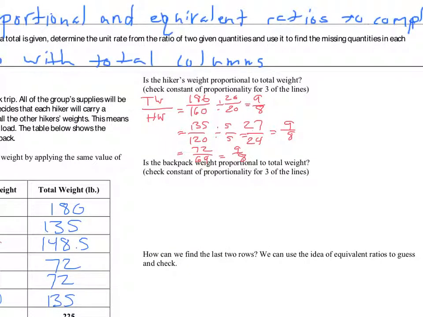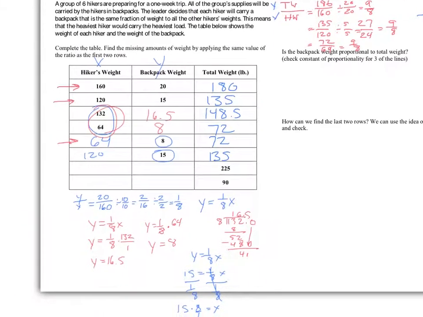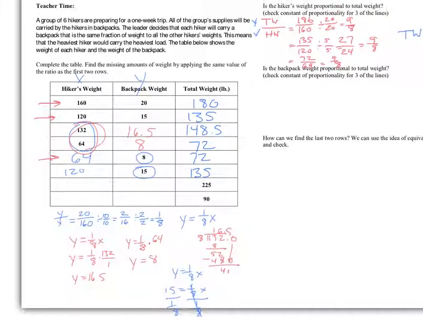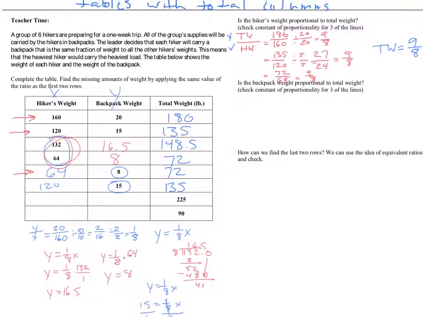The total weight, which we use as our y up here, is equal to 9/8 of the hiker's weight. And so we could use that equation to find the hiker's weight. We could plug in the total weight is 225 and solve for the hiker's weight.